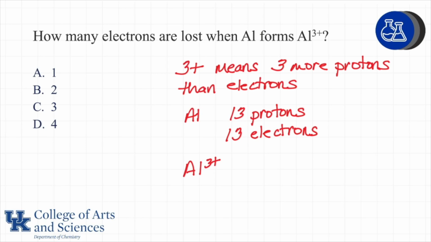If I look at aluminum 3+, it also has 13 protons because that is based on the identity of the element. Protons are not going to change when we form ions. Now, I need to figure out the number of electrons, and we know we have 3 more protons than electrons, so we have 10 electrons. So 3 is the correct answer.